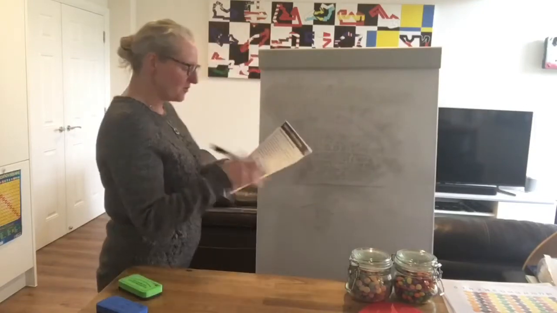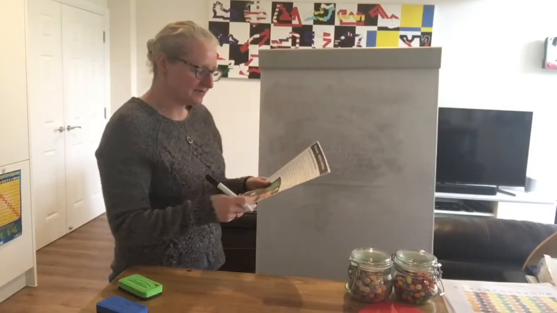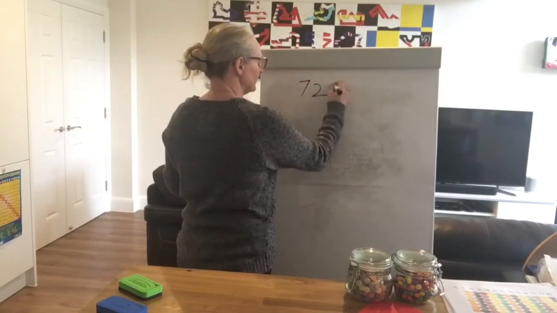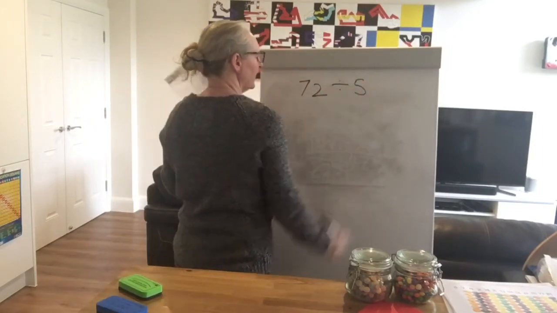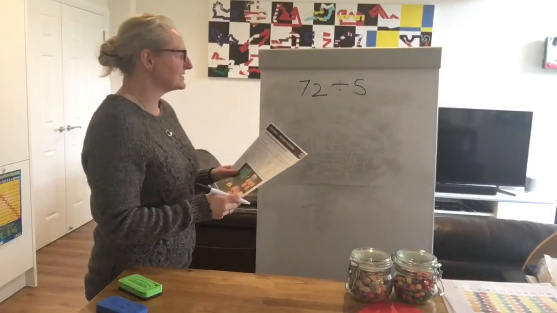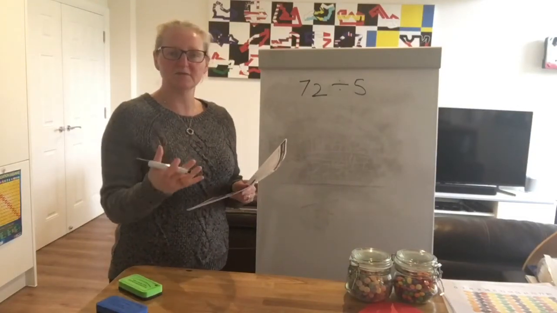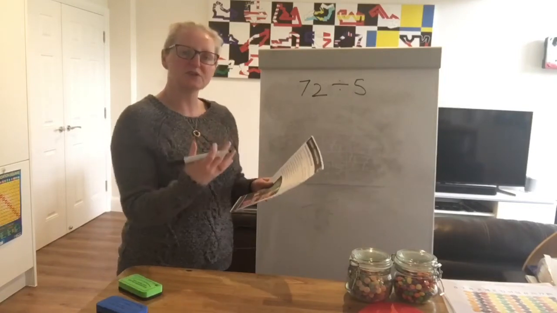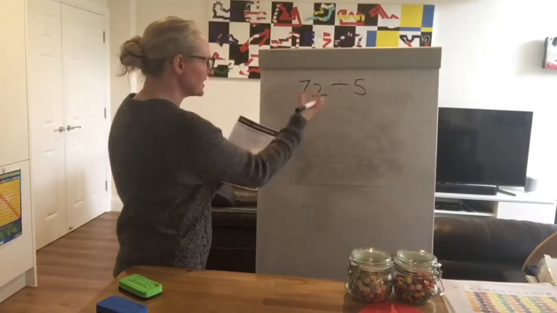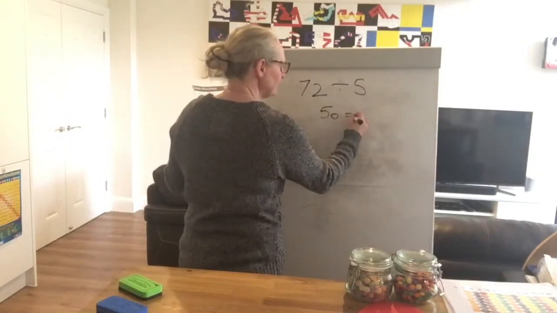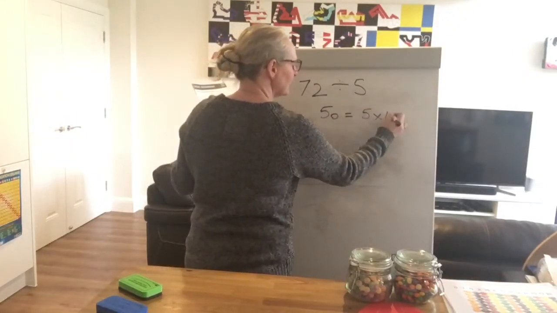So what this is actually saying is if I'm dividing 72 by 5, okay, what I'm actually doing is I'm going to use my knowledge of the 5 times tables to remove chunks from it. So the first chunk I'm going to remove is 50, because 50 is 5 times 10.